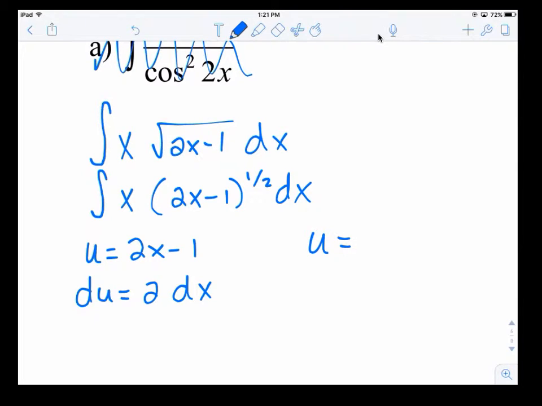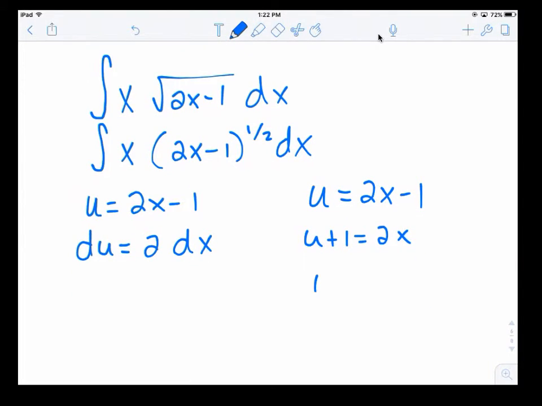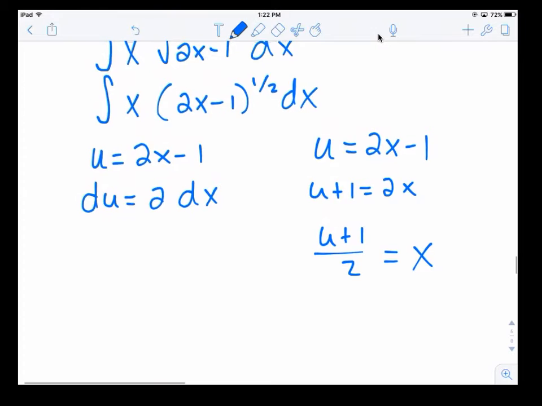So if u is equal to 2x minus 1, I'm going to add the 1 and then divide by 2. So you got u plus 1 over 2 is equal to x, right?